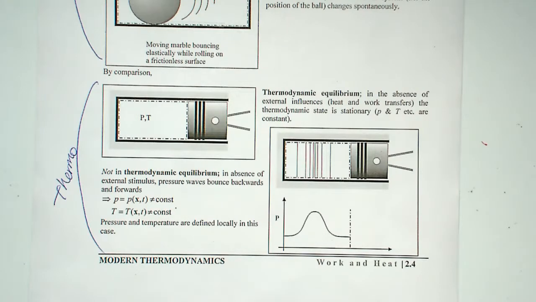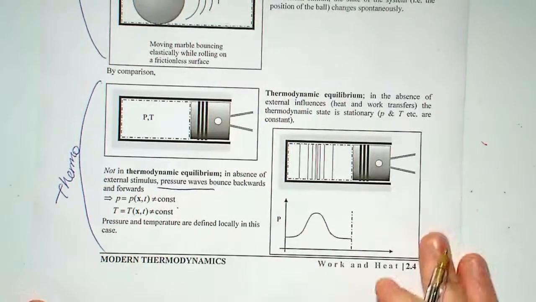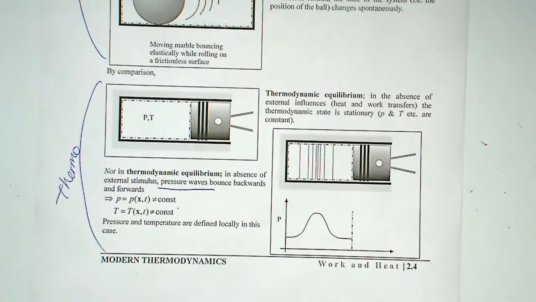On the other hand, if you had some sort of pressure waves inside the cylinder, or some sort of chemical reaction, for example, everything is done within the system, there's nothing external, but still you do not have equilibrium because of that change within the system.